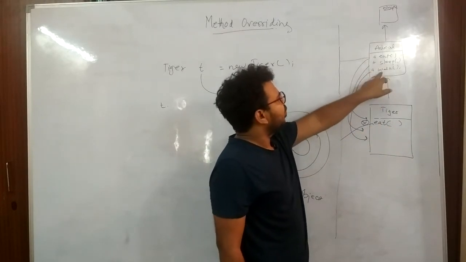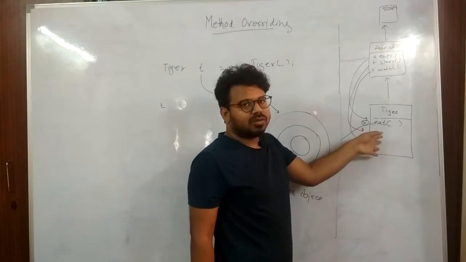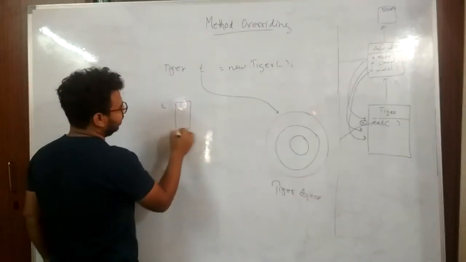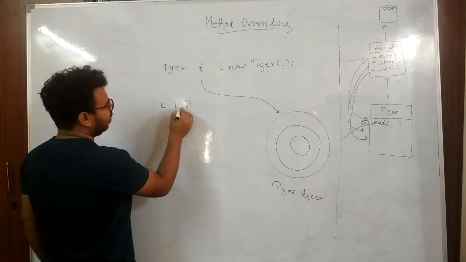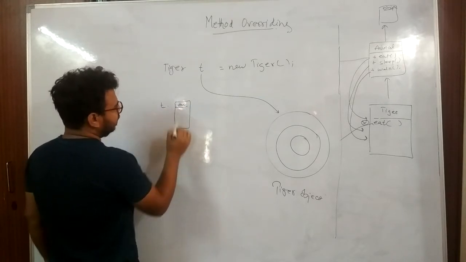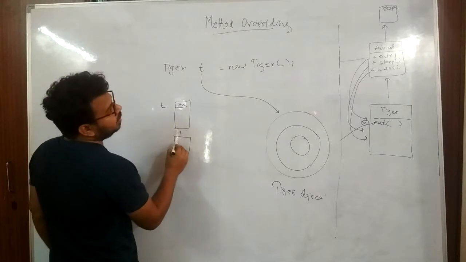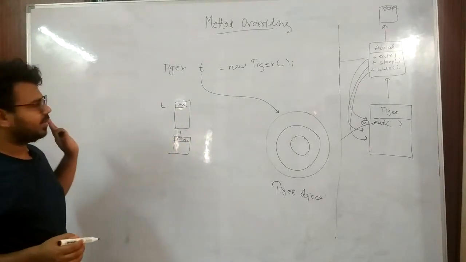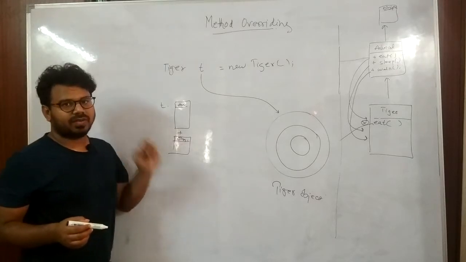Then eat, sleep, walk, these methods are already available to Tiger. All the methods of the Animal class, that is all the behavior of Animal, are available, plus all the behavior of Object is available to this t reference.